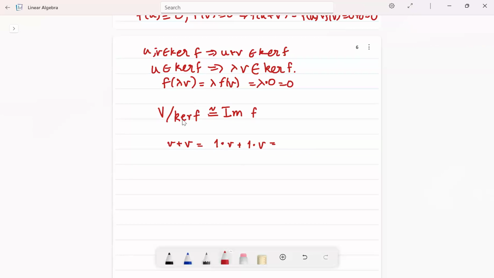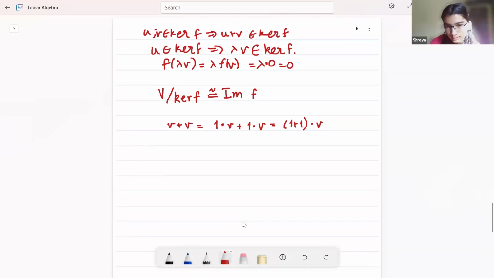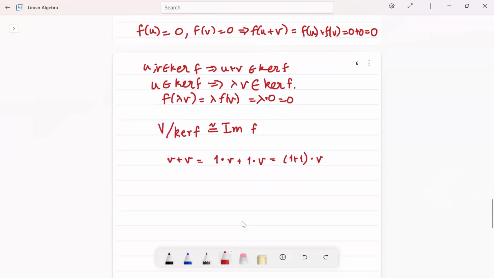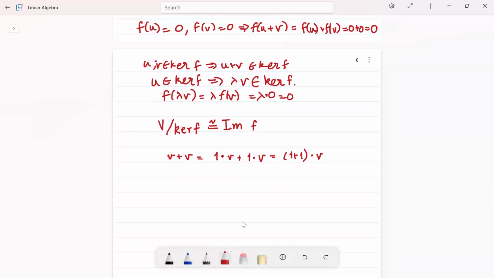Then we have distributivity, so this is equal to 1 plus 1 times v. And 1 plus 1 belongs to the field because 1 is there and you can add. One is the multiplicative identity, yes.